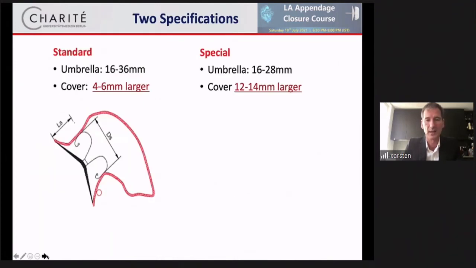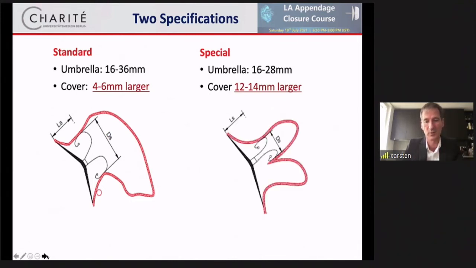So it comes in two specifications: the standard specification, 16 to 36 millimeter umbrella, and the disc is 4 to 6 millimeter larger. That gives a great variety of sizes, and you have special configurations because, as we heard, the anatomy of the LAA is quite variable.